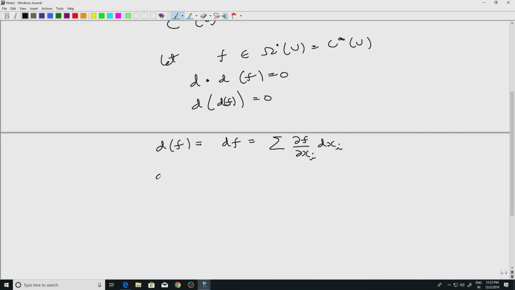So when I take d of this, we have already proved the product rule in part 2.